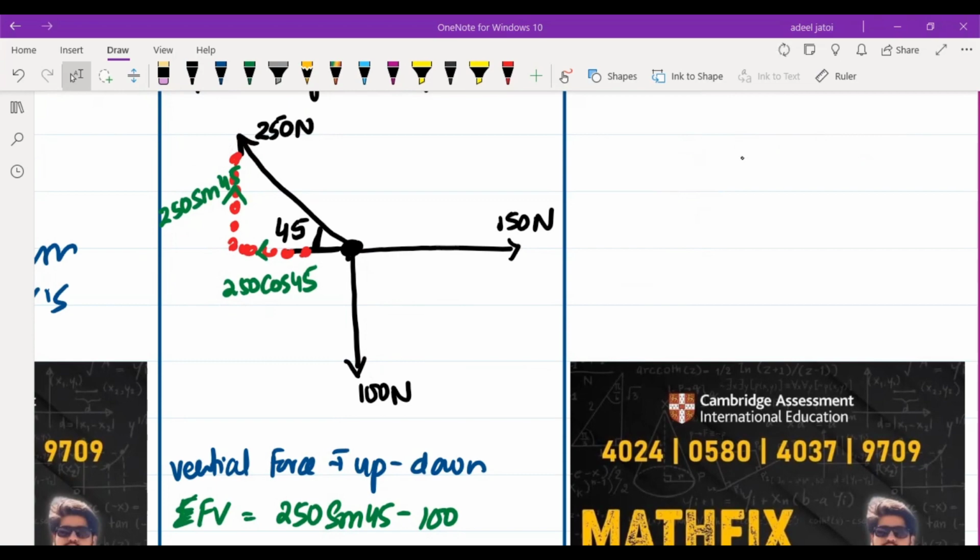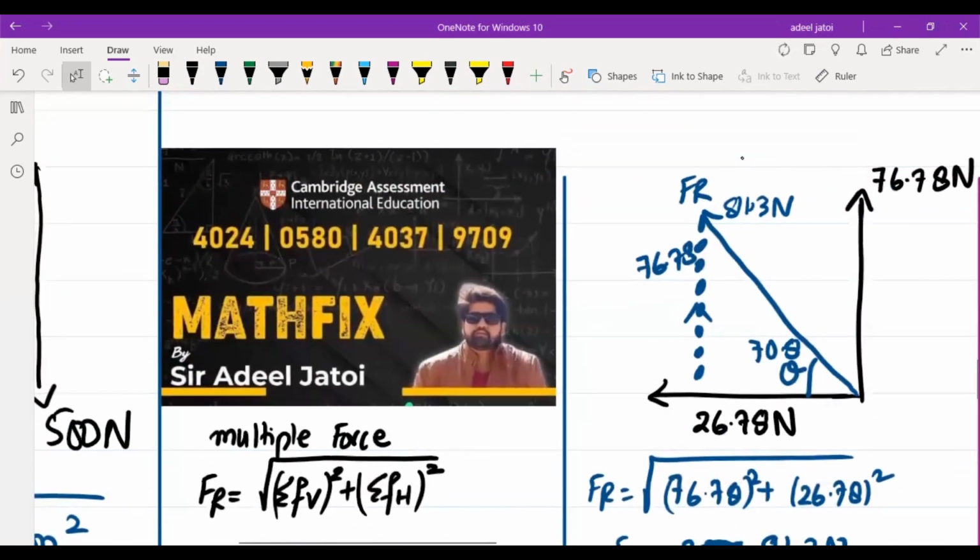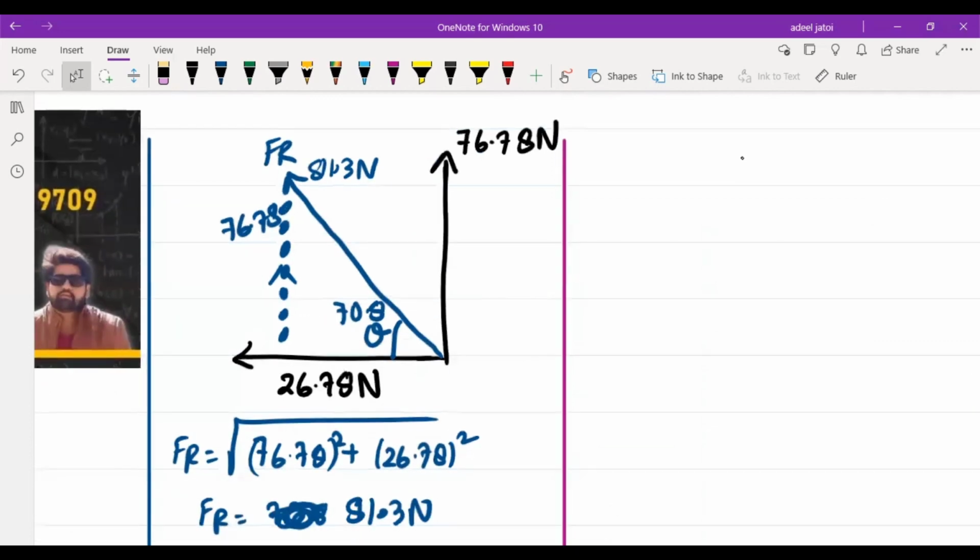So we made sure that we draw up the angle, knowing that one force is acting upward and the other force is acting downwards on the left hand side. What you need is FR and the theta.